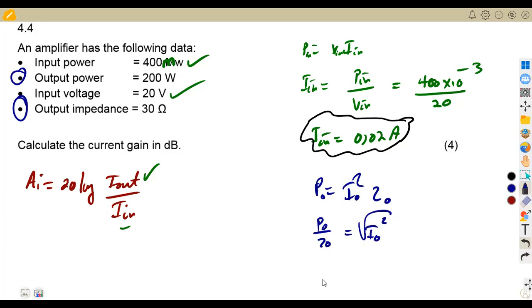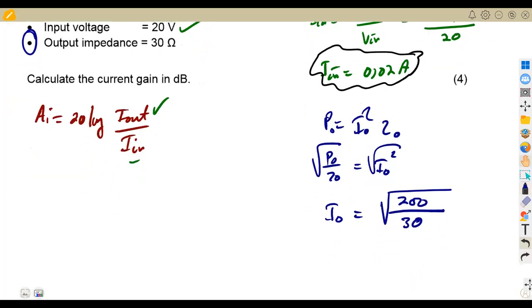Then we introduce the square root on both sides. So the current at the output is the square root of P out, the output power of 200 watts, over the output impedance of 30 ohms. There we obtain the output current, which is 2.582 amps.